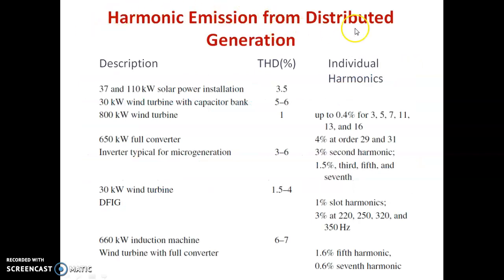So for the harmonic emission from distributed generation, we discussed one example, a 30 kilowatt wind turbine with capacitor bank, having 5 to 6% total harmonic distortion.